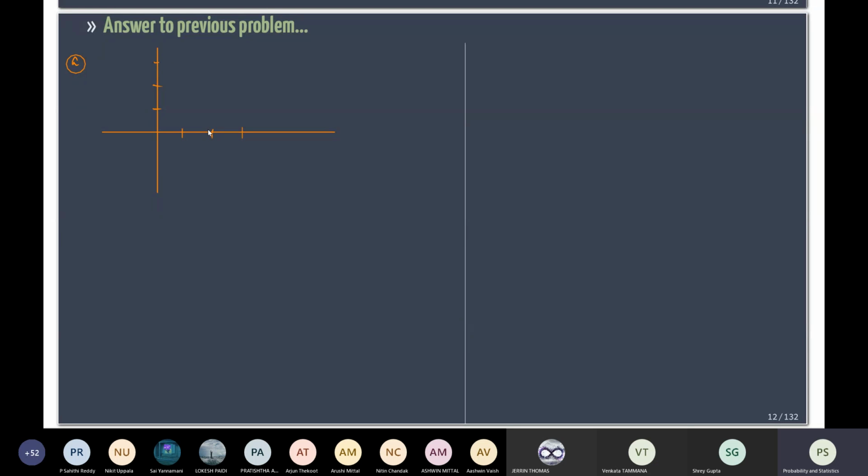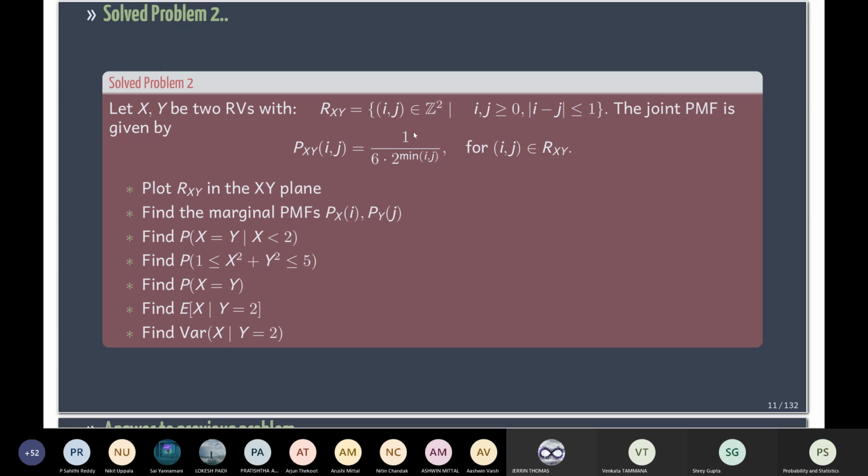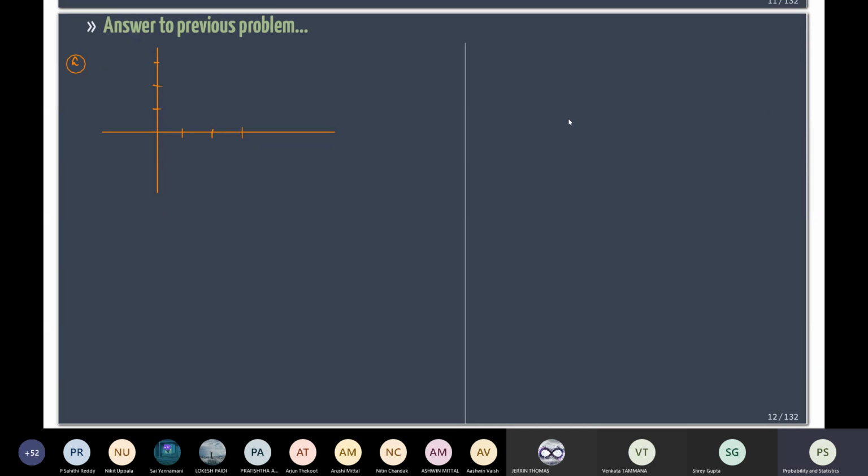So i minus j is less than or equal to 1. So i minus j equal to 0, that is, i equal to j, is allowed here. So i equal to j will be the line passing through the origin, right? So i equal to j are these points here. So assume that this is like this.